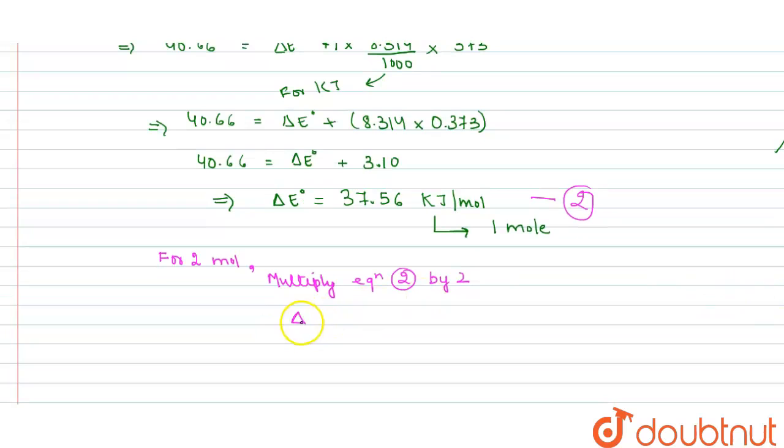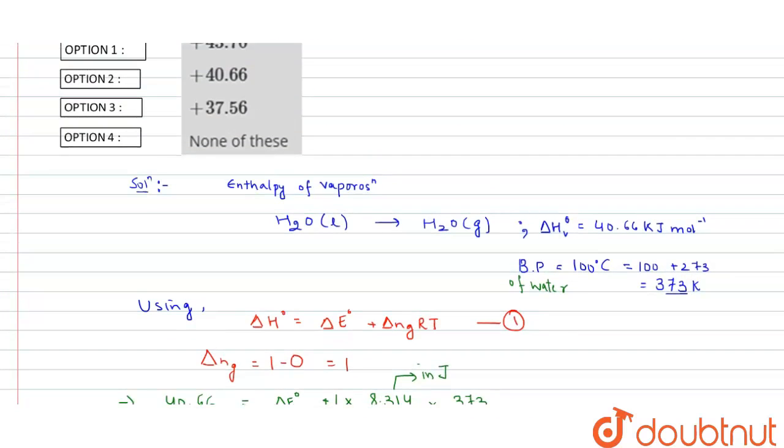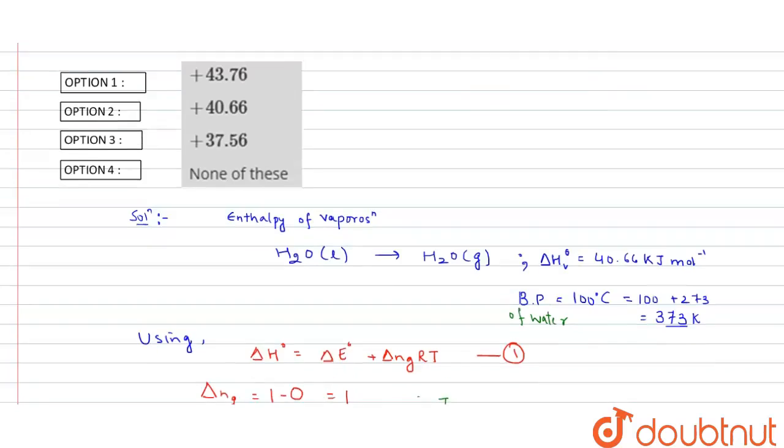Here the final answer will be delta E naught equal to 2 multiplied by 37.56, and our final answer will be 75.117 kilojoules.